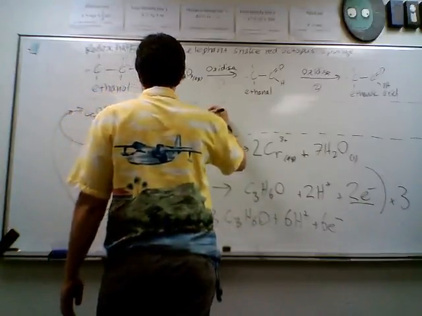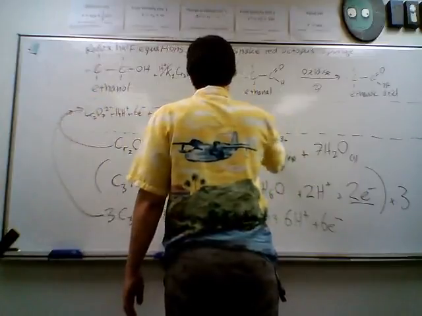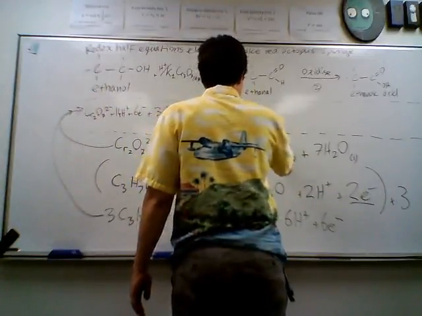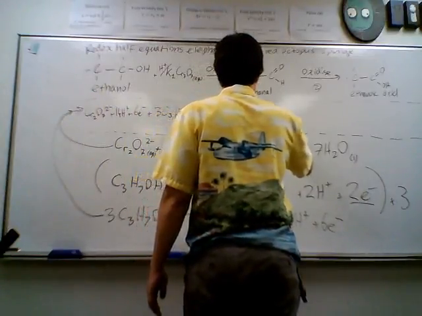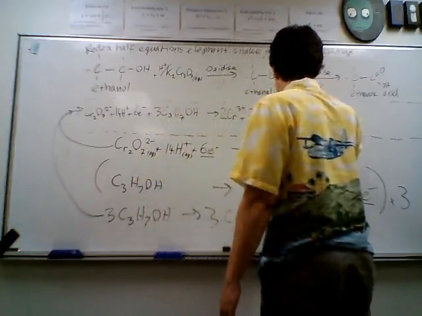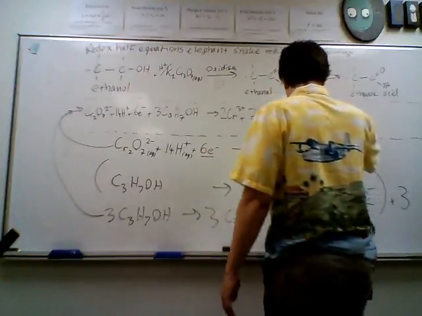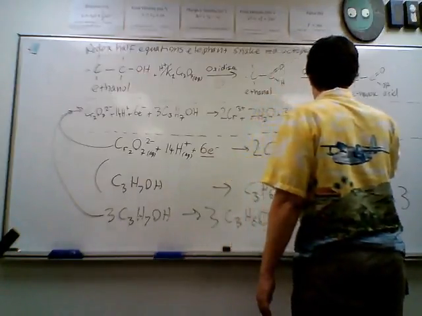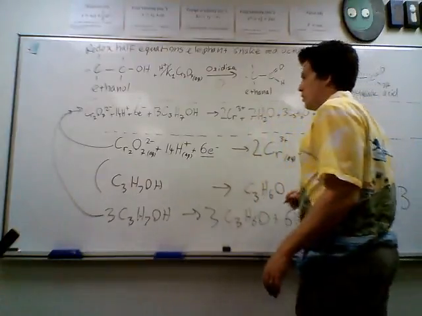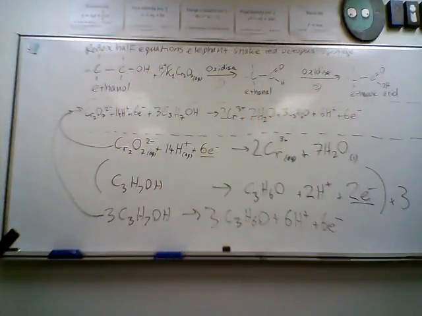So that's everything on the left hand side covered, and it is going to make 2Cr3 plus, 7H2O plus 3C3H6O plus 6H plus 6e minus. Now that is a combined full redox equation involving both half equations. But we're still not done.